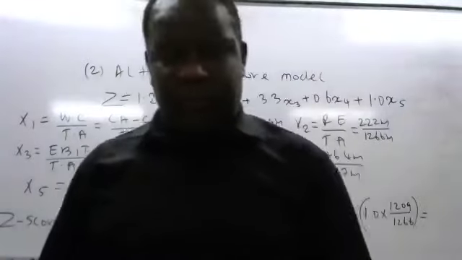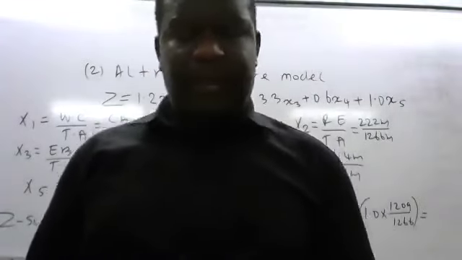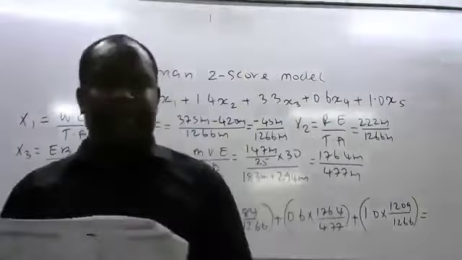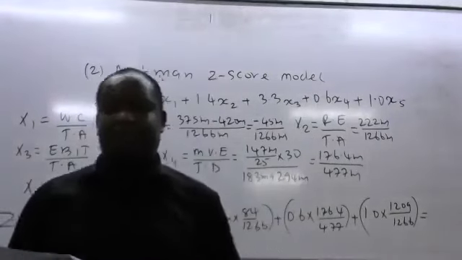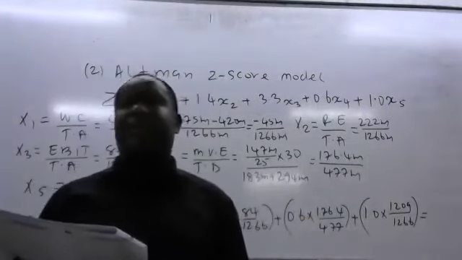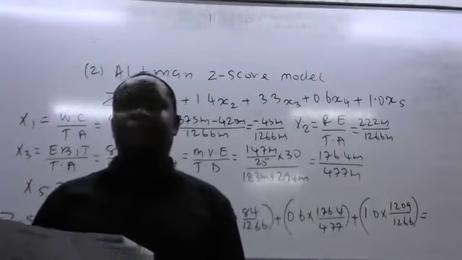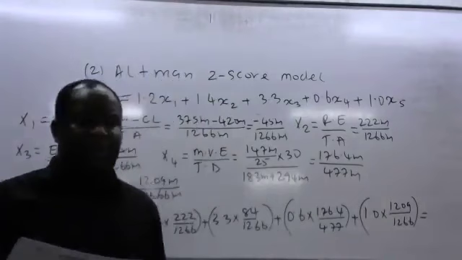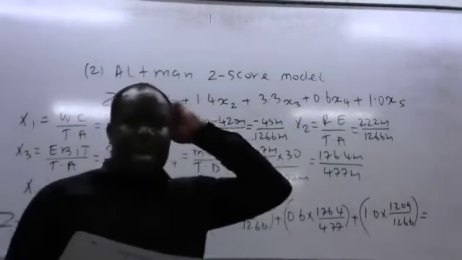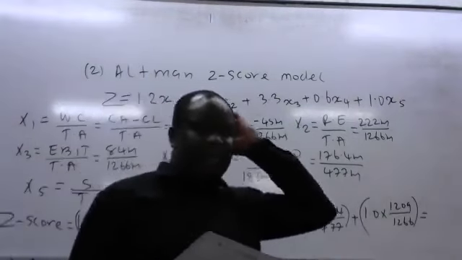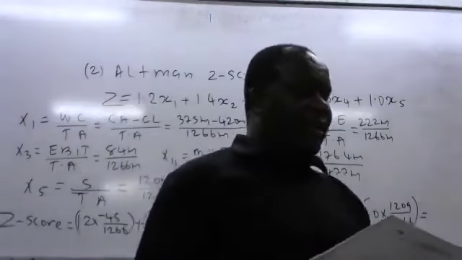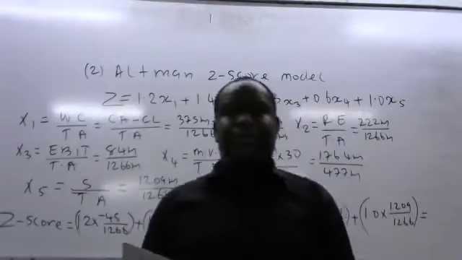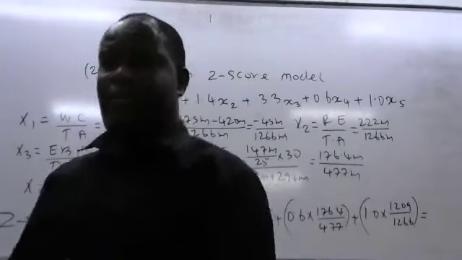In that question, you have been given details that Smooth Drive Limited, a motor vehicle assembly company, issued a 10-year, 16% shillings 100 million par value bond 5 years ago.